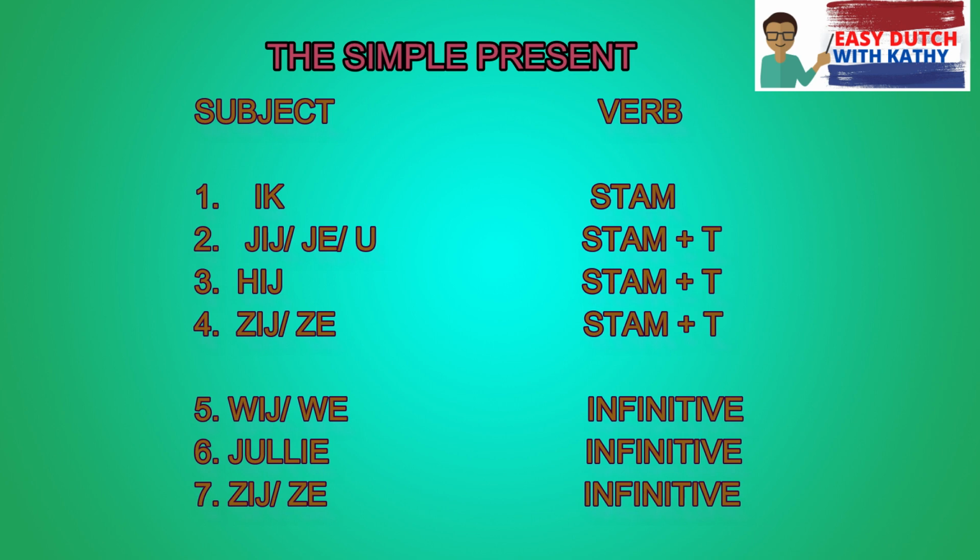Easy, right? And for number 2, 3, 4, which means for you, he and she, just put a T behind the stem. And then you already have the verbs. For number 5, 6 and 7, just put the whole verb in the simple present tense.